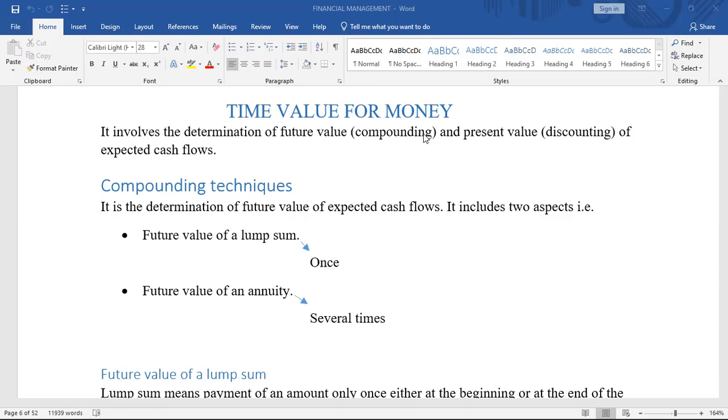The most important aspect of investment in organizations is capital budgeting, which is part of your syllabus. In the time value of money, we normally look at investment: if today I deposit a certain amount in a certain kind of investment, what am I going to get at the end of the day?